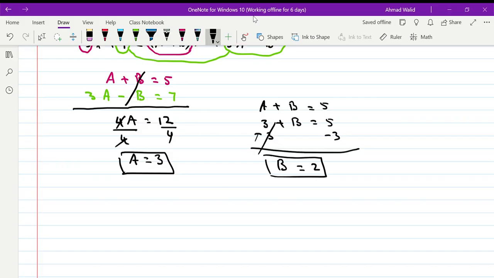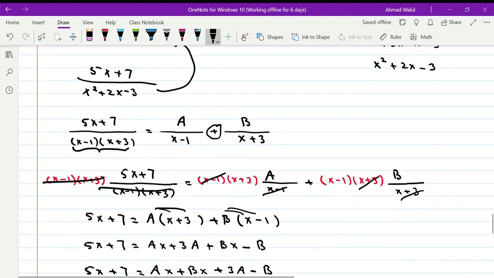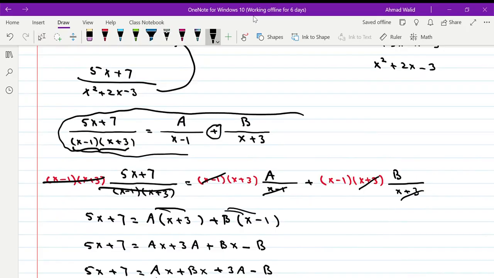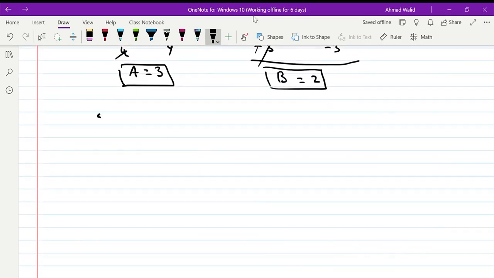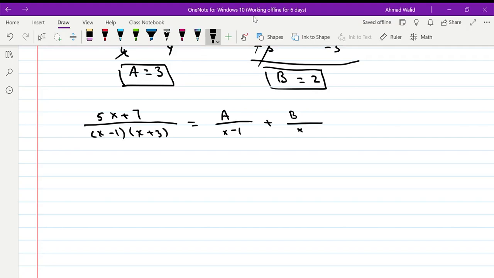Last step, plug in the values of A and B in the equation from step 1. This is your equation in step 1. Plug in the values of A and B here. Correct? 5x plus 7 over x minus 1 times x plus 3 equals A over x minus 1 plus B over x plus 3.